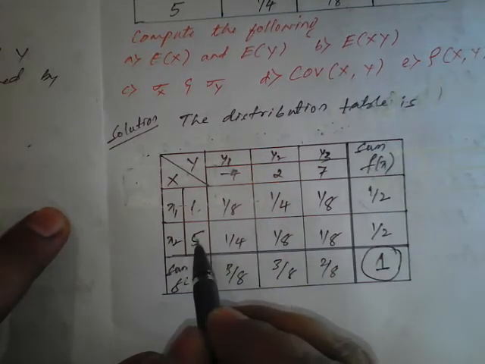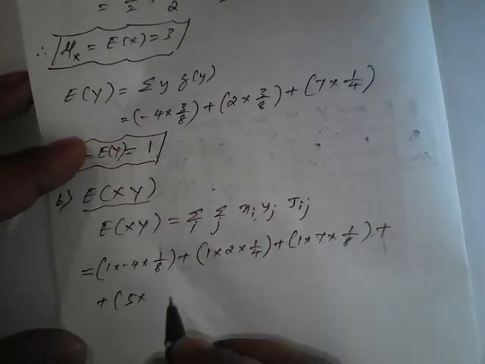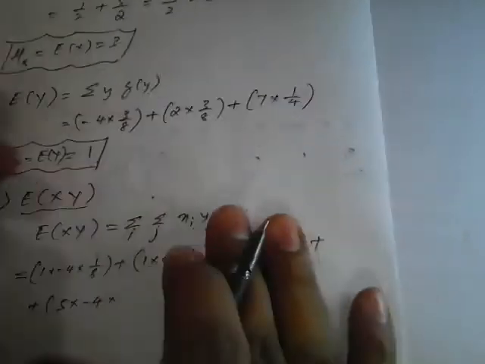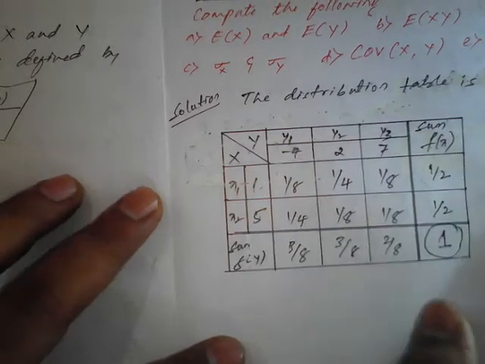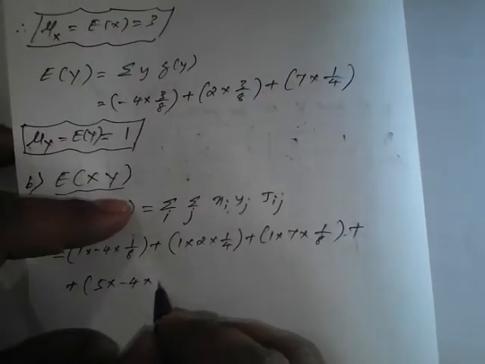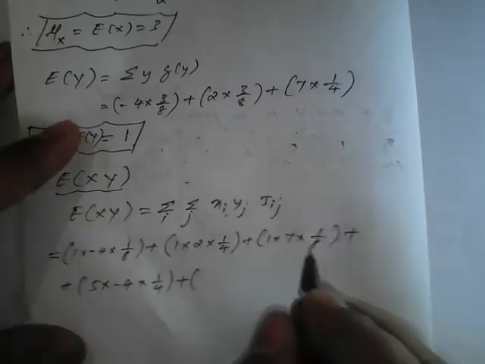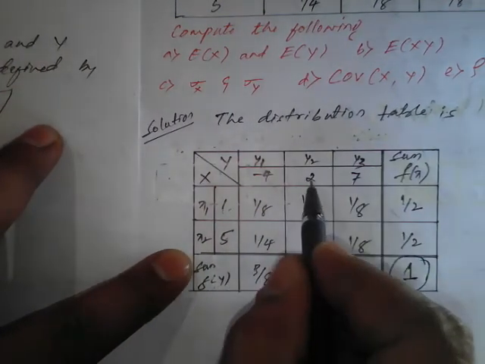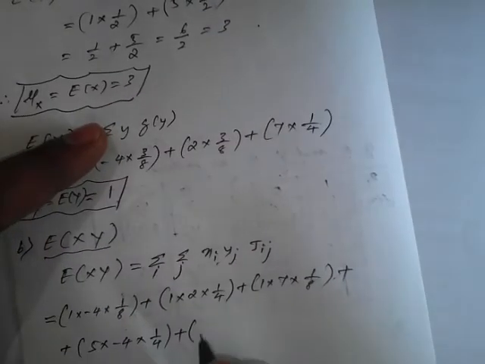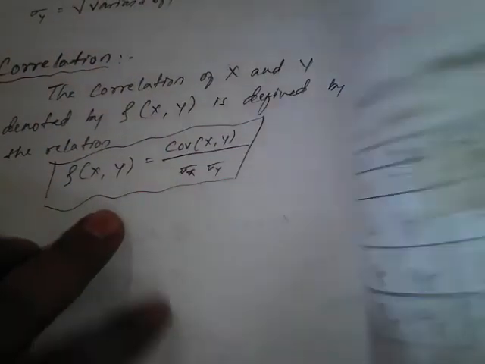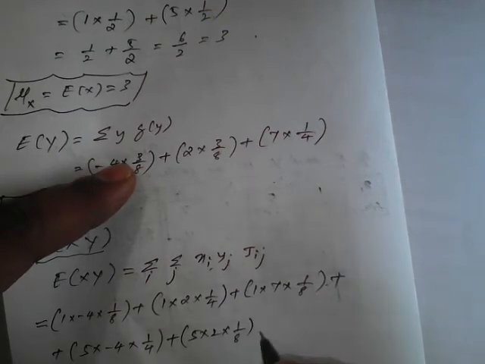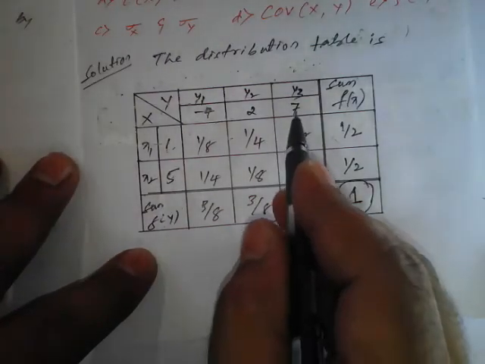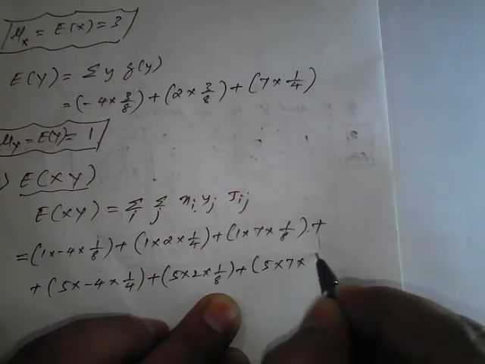Now the second row with all y values: 5 into minus 4 into 1 by 4, plus 5 into 2 into 1 by 8, plus 5 into 7 into 1 by 8.